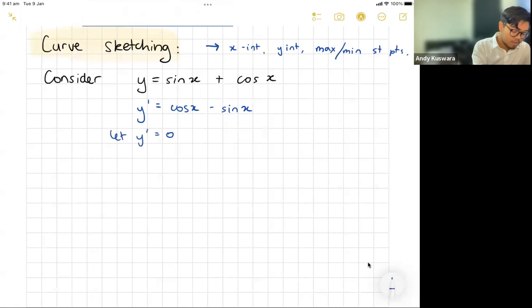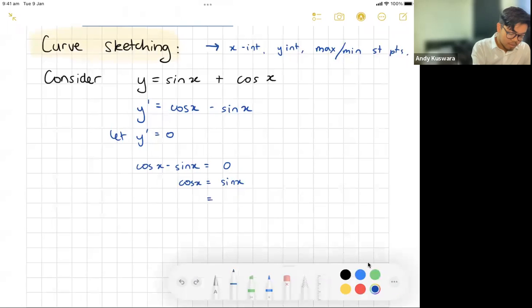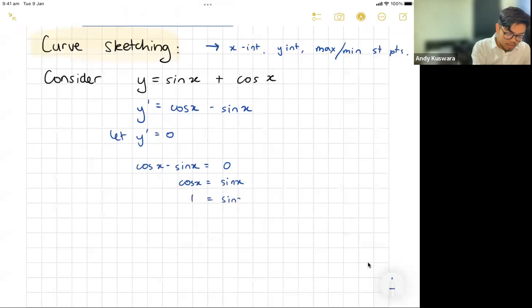And so for here, we've got cos x take away sine x equals 0, or in other words, cos x equals sine x. Then let's divide both sides by cos x, so that means 1 equals sine x on cos x.